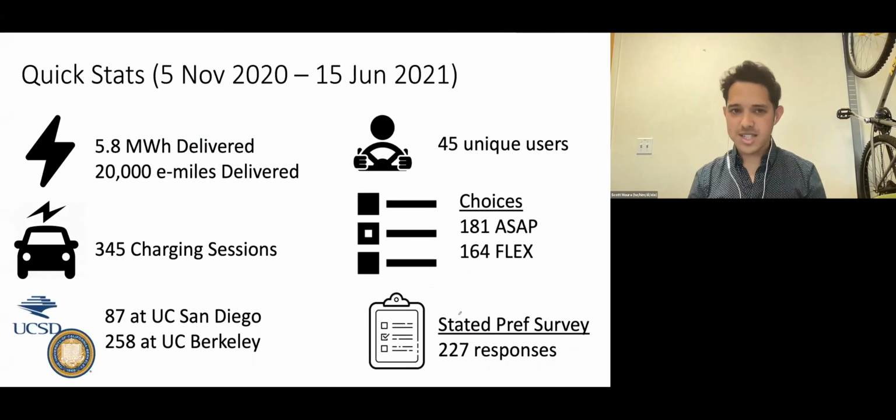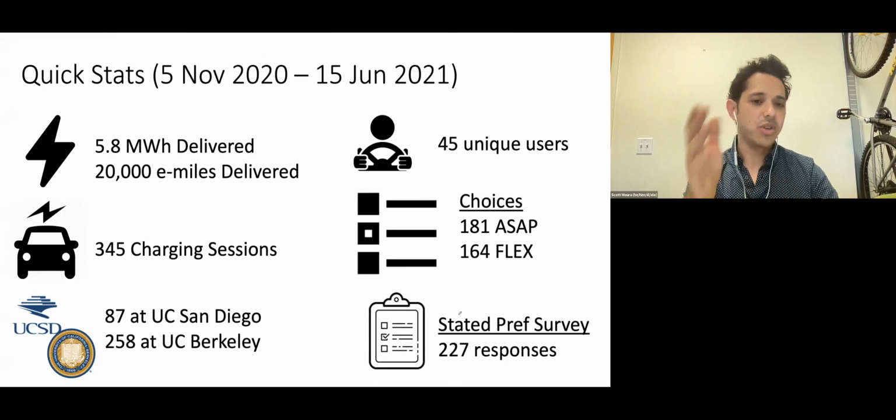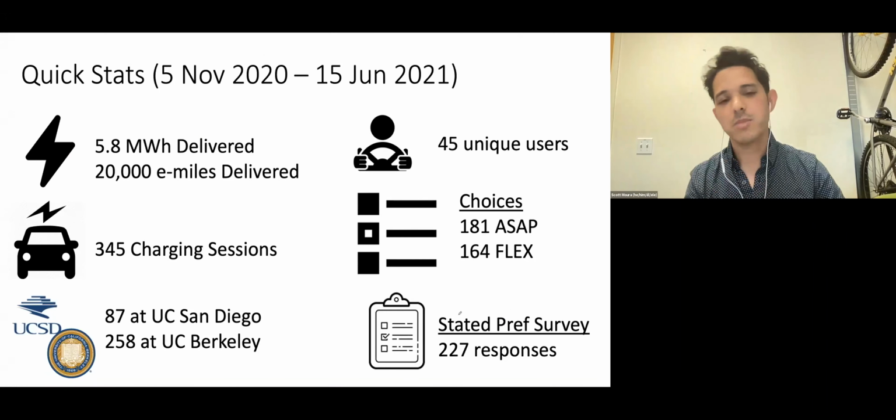First, some quick stats about SlrpEV. We've been running these experiments where we've been trying to learn user behavior by not optimizing, but actually randomizing the price. And here are some stats over the past 6 or so months, which is honestly quite modest. But still, you can see we've delivered almost 6 megawatt hours of energy, 20,000 e-miles, almost 350 charging sessions.